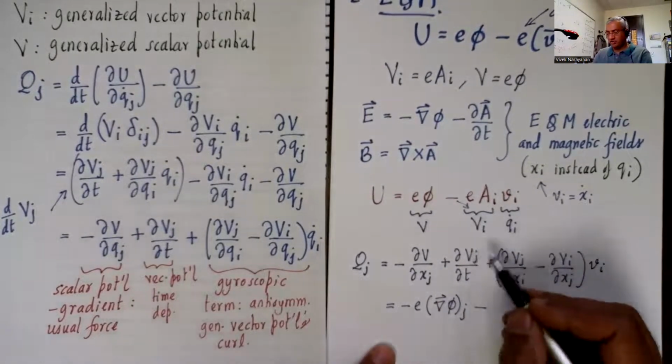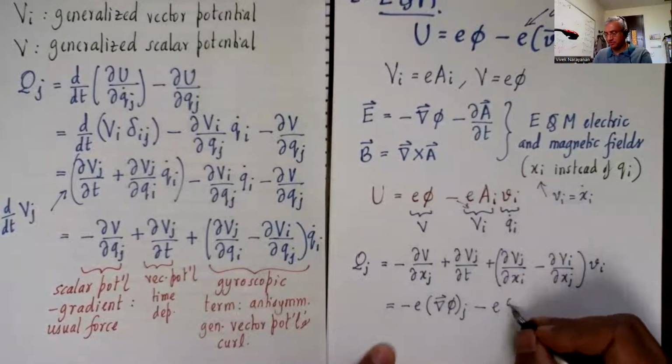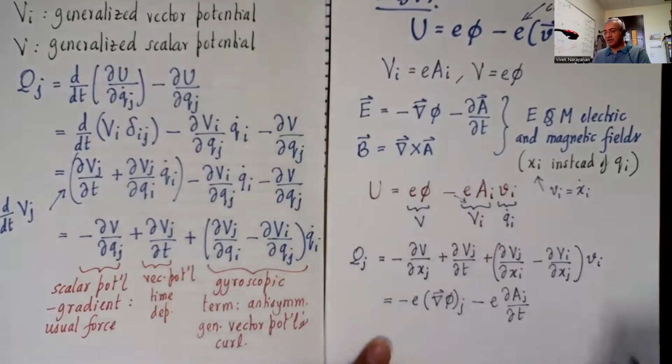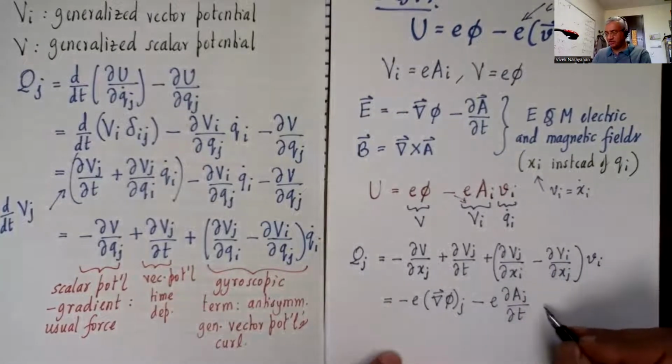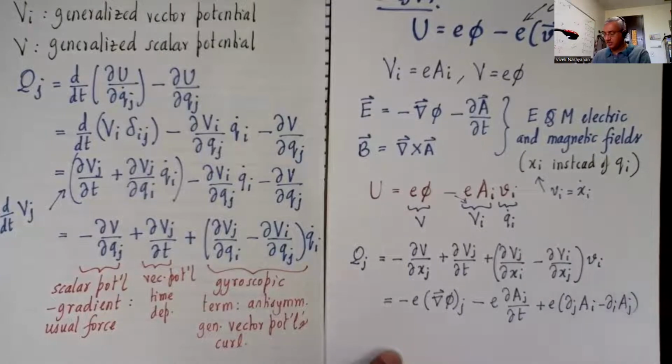And then because of that minus sign being there, this next term gives me minus E times del A j by del T. And then the last term is plus E times del J A i minus del I A j times V sub I. So I get this very pretty looking thing.